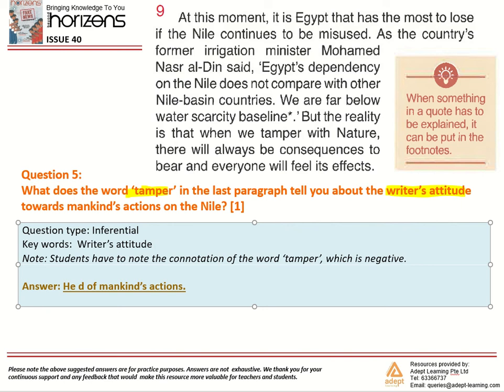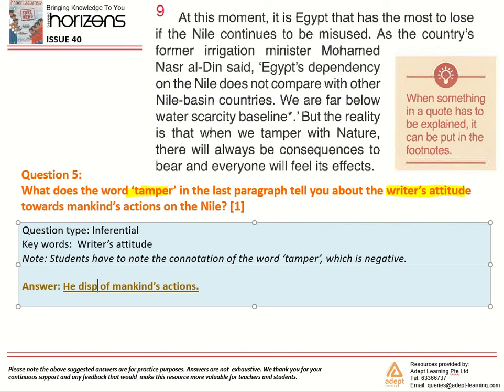So, tamper with nature. That means like mess around with nature. So what is the writer's attitude? You see, angry. Angry is a very big word. So a more suitable one: does he support this? No, he doesn't support it.